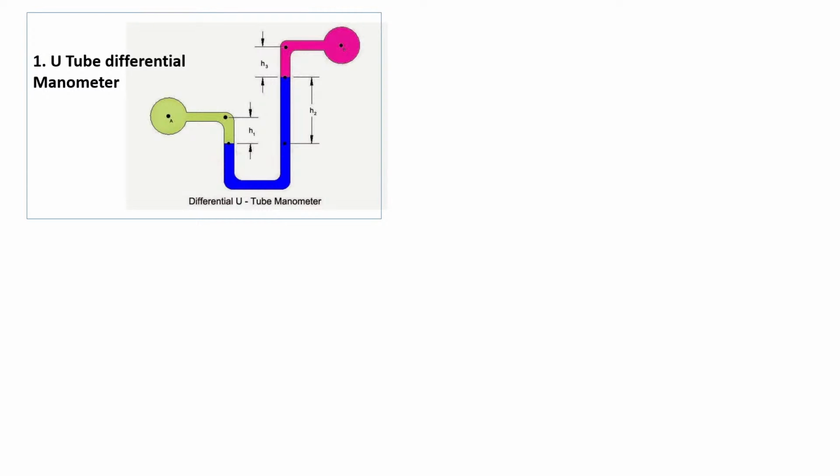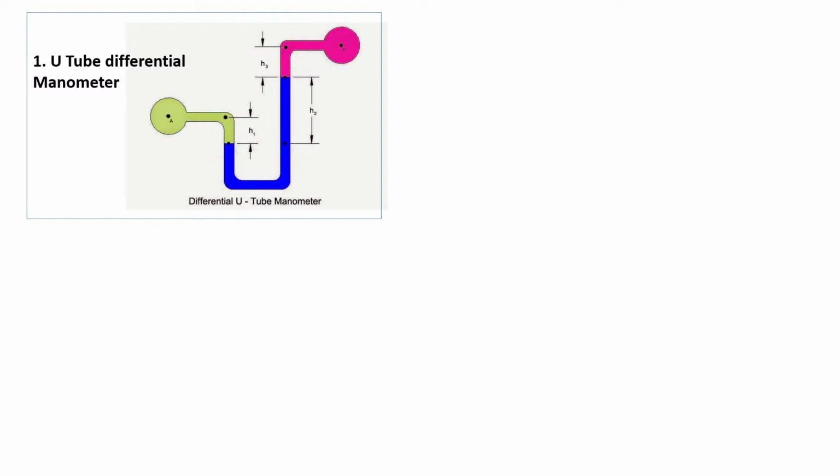Then U-tube differential manometer is there, that is used to measure the pressure difference between two different pipes or in the same pipe at two different sections. In order to measure this pressure difference, we can use the U-tube differential manometer.